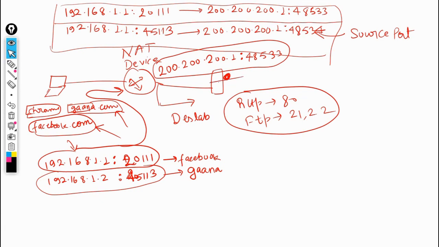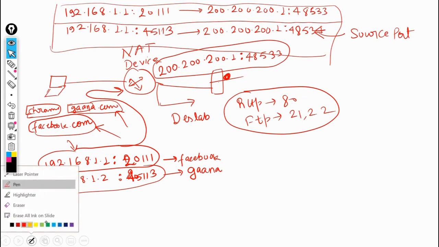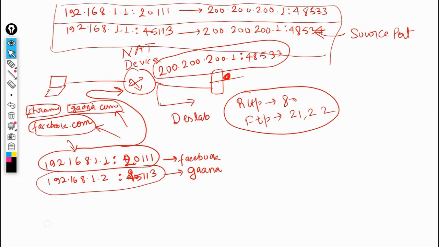It will send back the reply. Which IP address is it replying to? The public IP address 200.200.200.1. This router has the translation table. It says, okay, this server has replied. To whom will it reply?